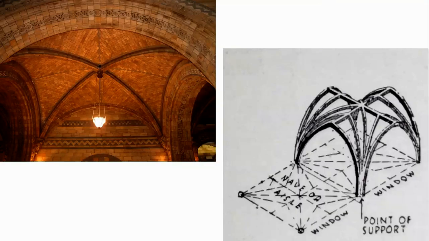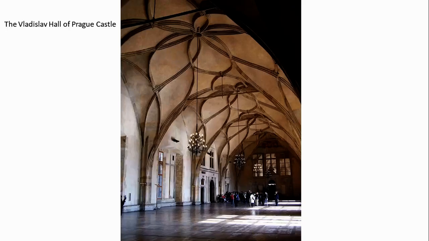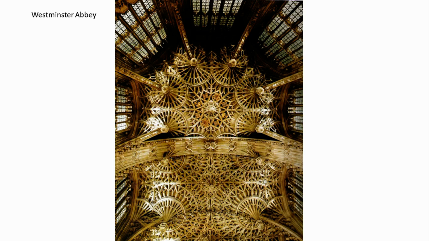Once you rotate the arch, you suddenly develop some very interesting three-dimensional forms, but it's still working from a simple two-dimensional shape. Wells Cathedral, unbelievably beautiful. But the principle is the arch, and how to manipulate the arch by repeating it to create three-dimensional form.